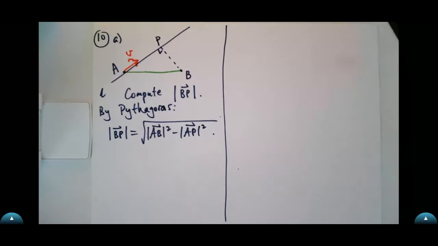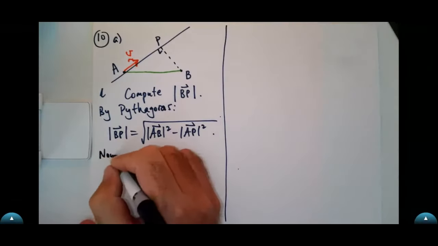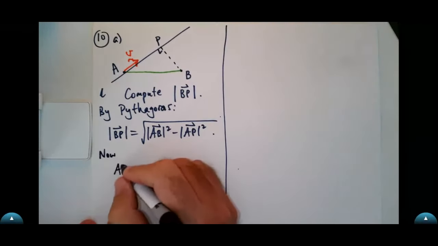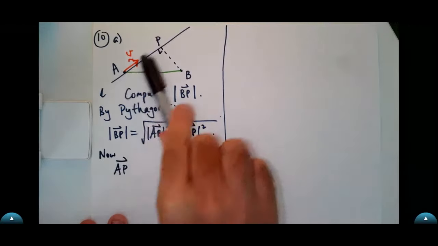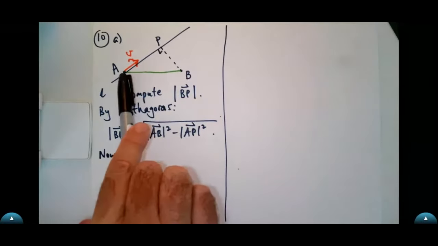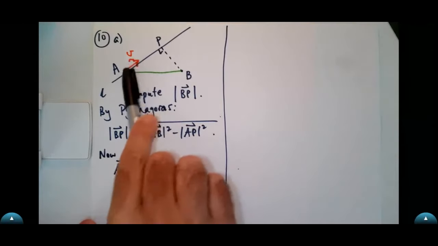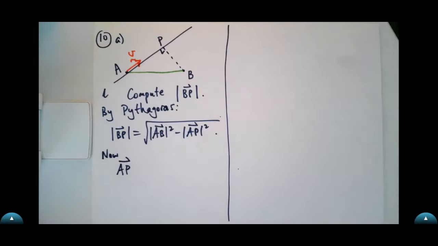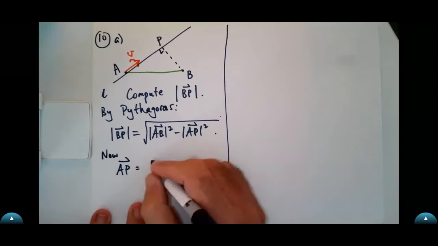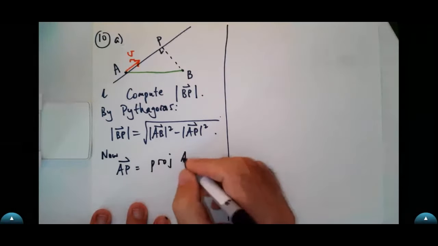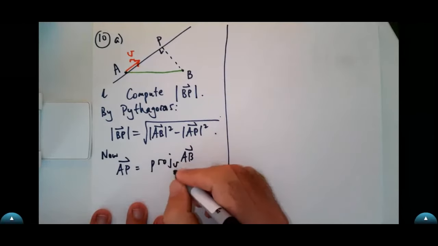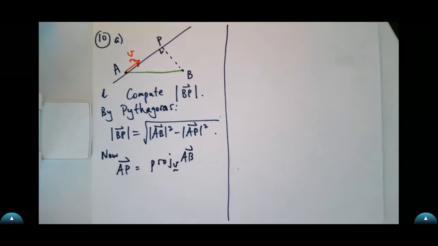So let's have a look. If I look at the vector AP, that's just the vector projection of AB on this V vector. Okay, that's kind of how we define the projection of one vector on another. So that's what it is.